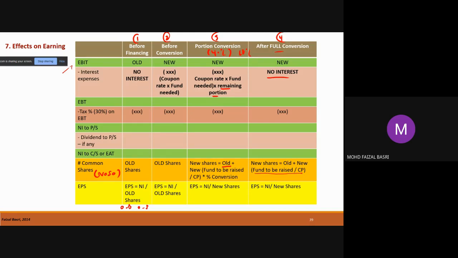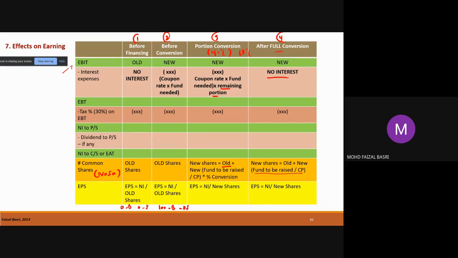Okay, because we don't issue anything yet, so there'll be no bondholders, and obviously there's no shareholders yang baru before financing. But once they issue convertible bond, we're gonna have 100% bondholders. Okay, and again, there's no shareholders yang baru.